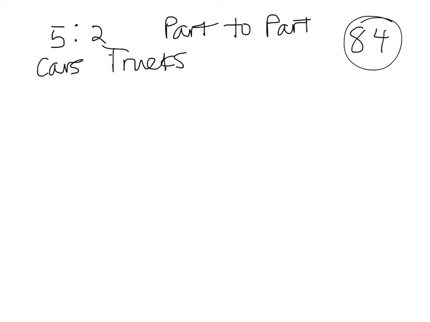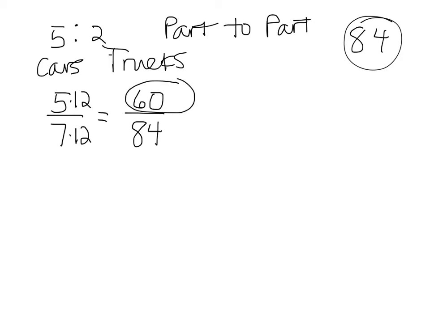We went around in different ways to do this, but one way to think about it is that 5 parts out of 7, if I say 5 out of 7, is how many out of 84? Since 7 times 12 is 84, using our notion of equal fractions, that means there would be 60 cars out of a total of 84.